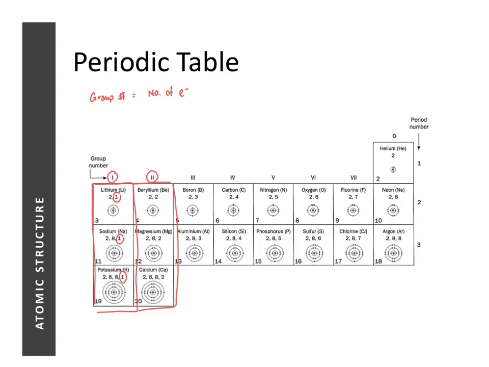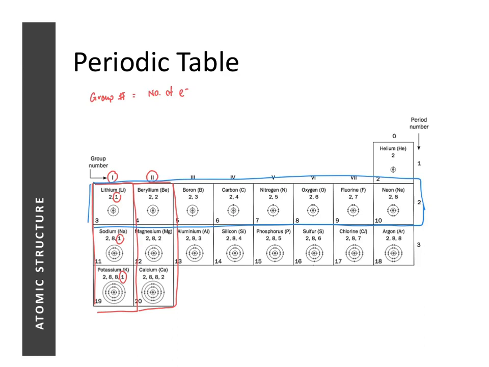Another way of looking at it would be elements in the same group would have the same number of valence electrons. Now across the period, if we look at across period 2, what do we notice? Or what feature do all the elements in period 2 share? The feature would be that they have the same number of electron shells.